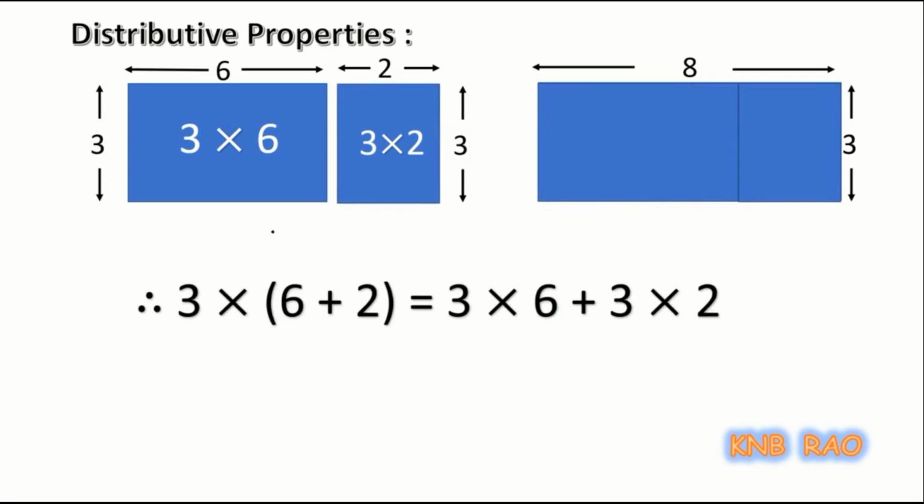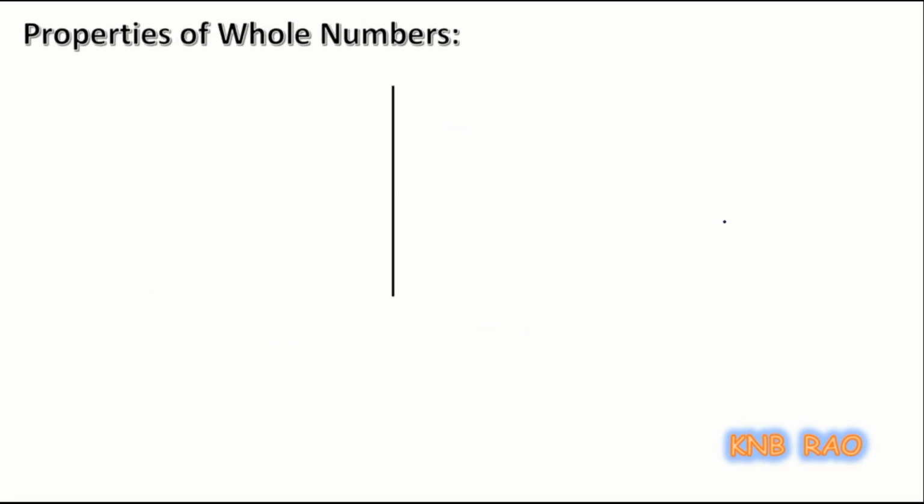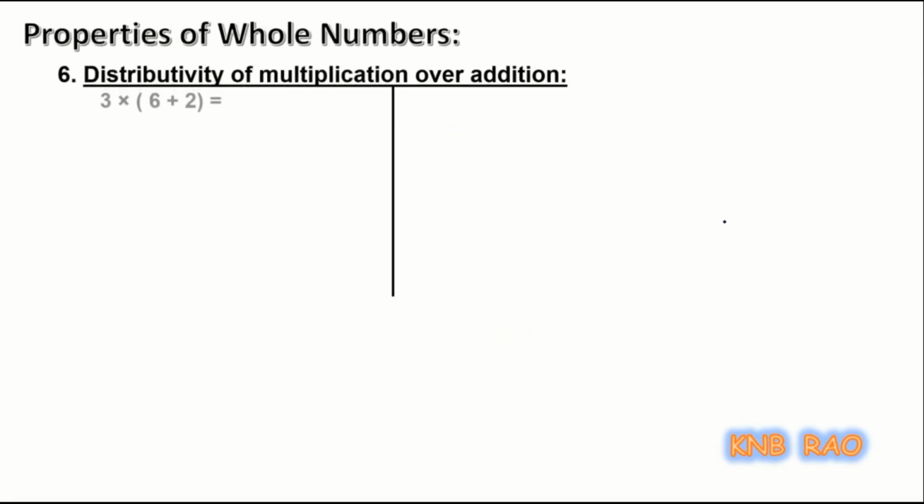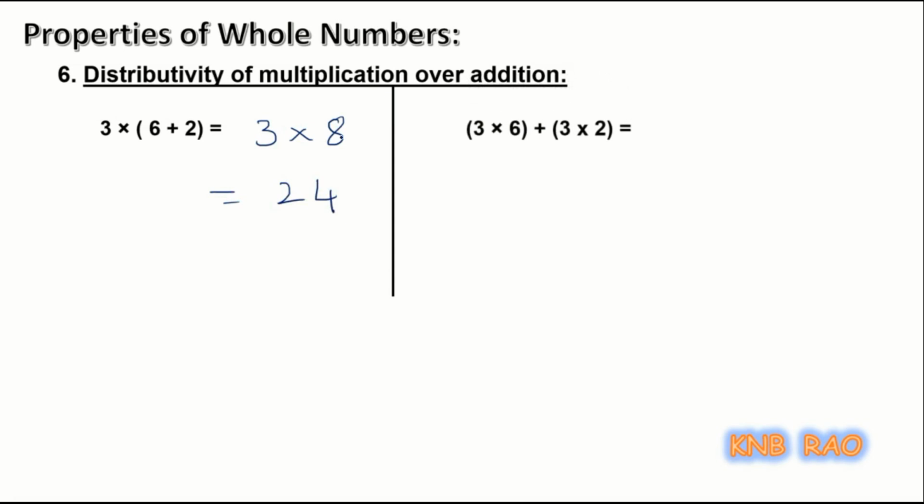This is how we can cross check also. We shall check whether 3 into (6 plus 2) is the same as 3 into 6 plus 3 into 2 or not. Here I am going to do the same. 3 into (6 plus 2) is 3 into 8, which is 24, whereas 3 into 6 is 18 added to 3 into 2 which is 6, and their sum is 24.